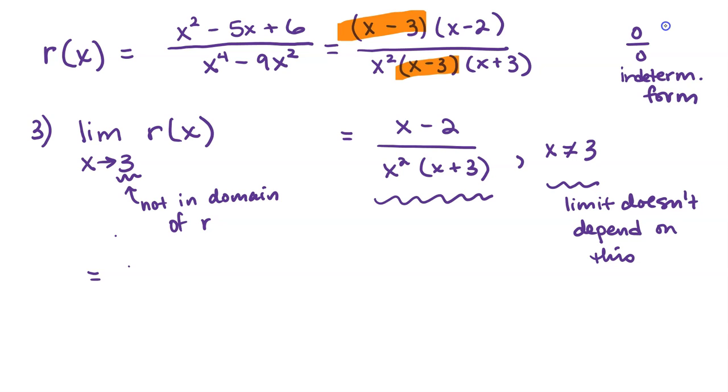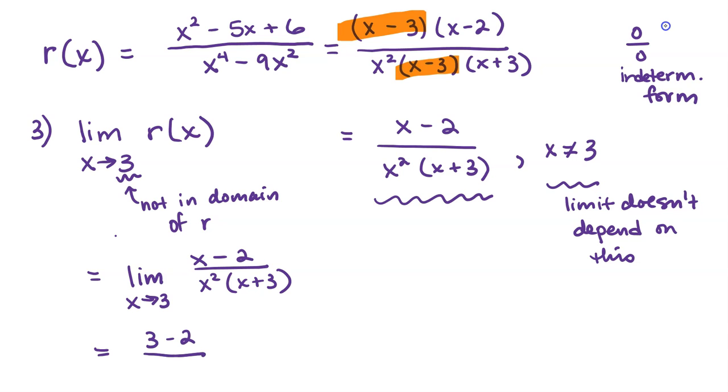So we say this is going to be equal to the limit as x goes to 3 of this new function. This new function has 3 in its domain, and it's still a rational function, so the limit is going to be equal to what we get when we plug in 3, which is 3 minus 2 over 3 squared times 3 plus 3. That's 1 over 9 times 6, which is 1 over 54. So the limit as x goes to 3 of r of x is 1 over 54.